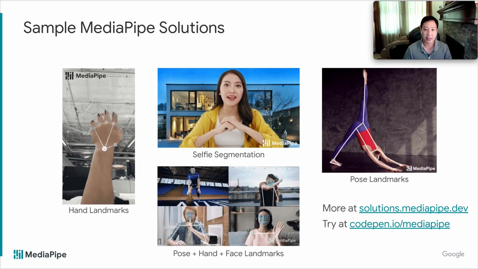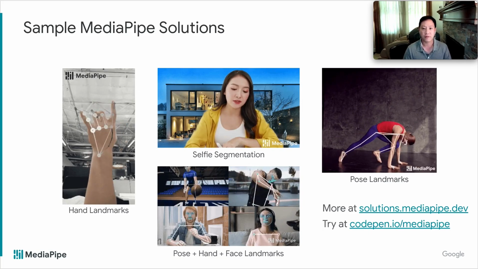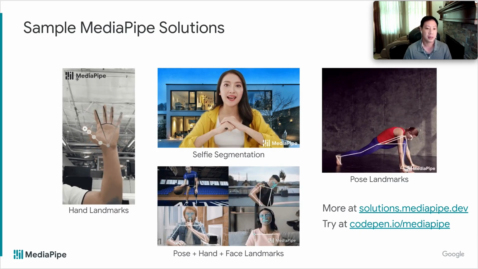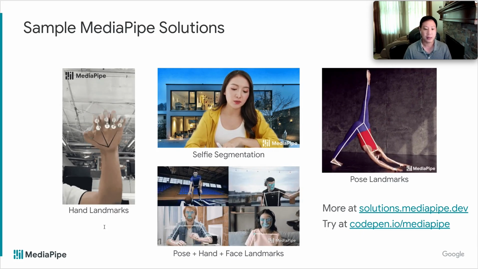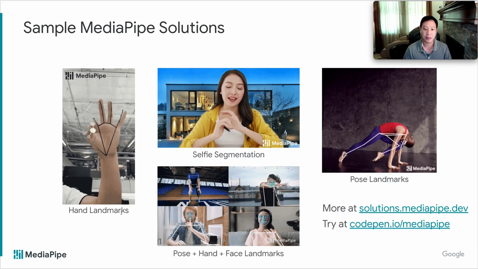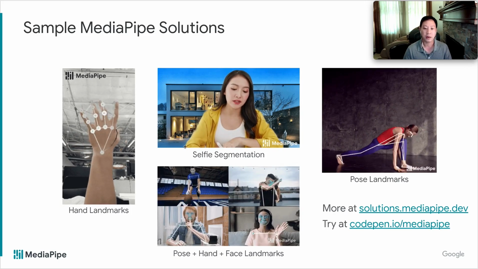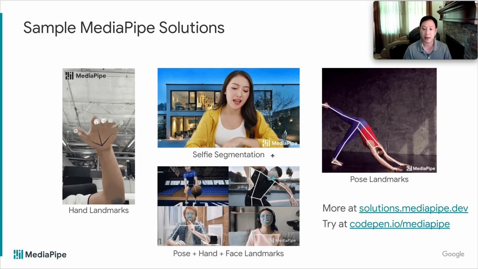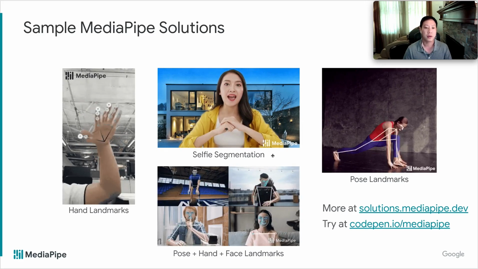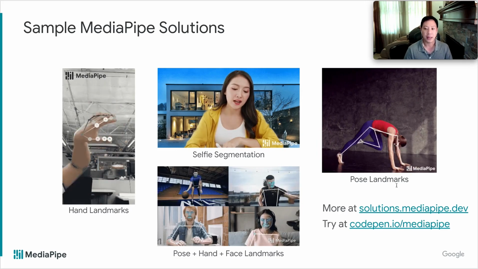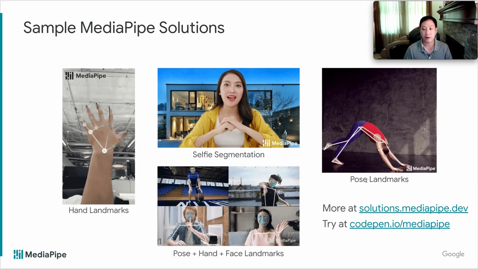Let me show you some examples of the solutions offered in MediaPipe. On the left, you can see real-time tracking of the hand landmarks in 3D. And at the top here, you can see selfie segmentation, which can be used for background replacement. And on the right, there is tracking of pose landmarks.